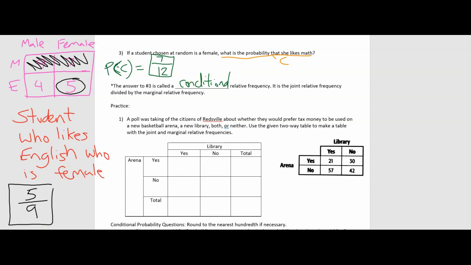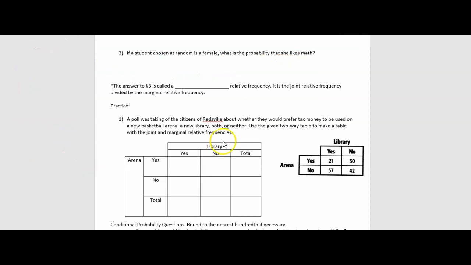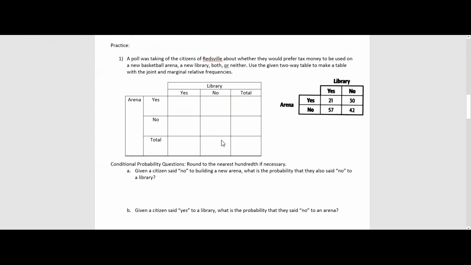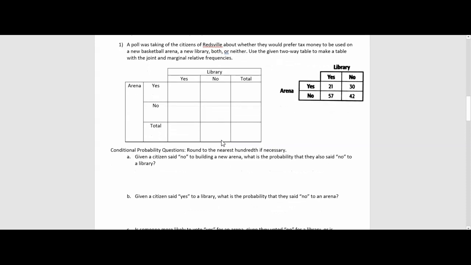Okay, let's look at this first practice problem. It says a poll was taken of the citizens of Redsville about whether they would prefer tax money to be used on a new basketball arena, a new library, both, or neither. Use the given two-way table to make a table with the joint and marginal relative frequencies.